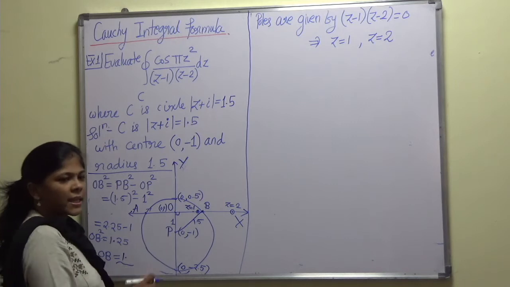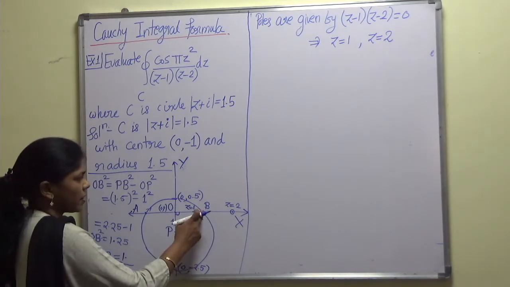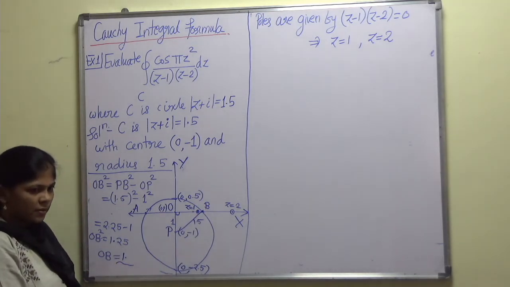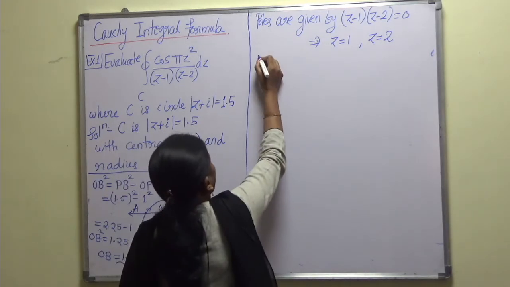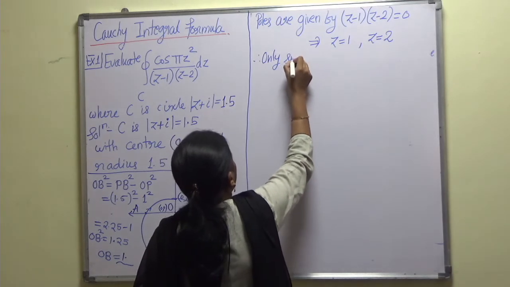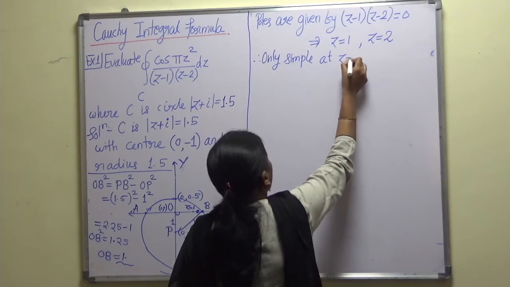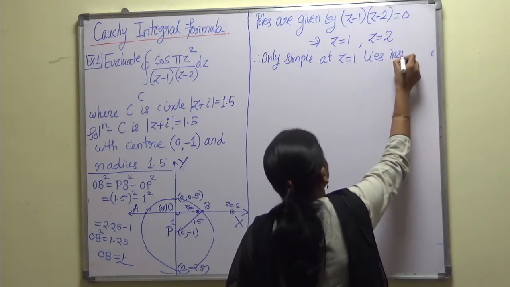One pole is lying inside whereas the other point is lying outside, right? Therefore only the simple pole at z equal to 1 lies inside C.